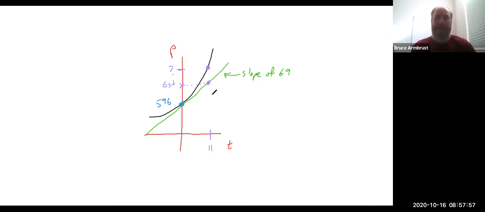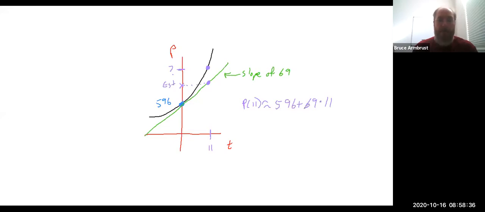I mean, yeah, and that's reality, right? If all I know is that right now there are 596 mosquitoes and we're changing at a rate of 69 per day, the very best I can say is that in 11 days, it's going to be 596 plus 69 times 11, right?